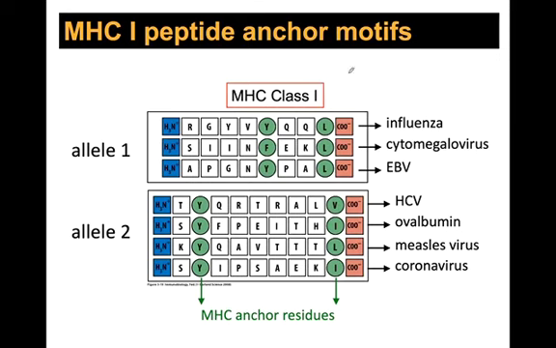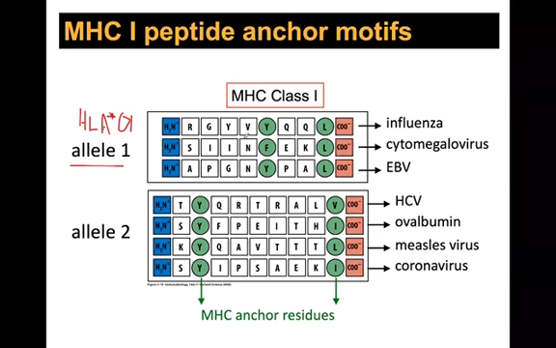And so when you look at the different peptides that are binding to different alleles of MHC-1, in this case, let's say this is a human, let's say it's HLA-A, and it's allele 1, so it's typically HLA-A*01.